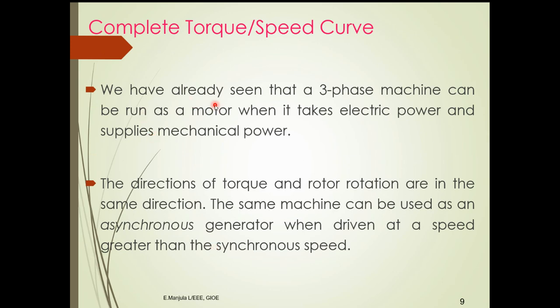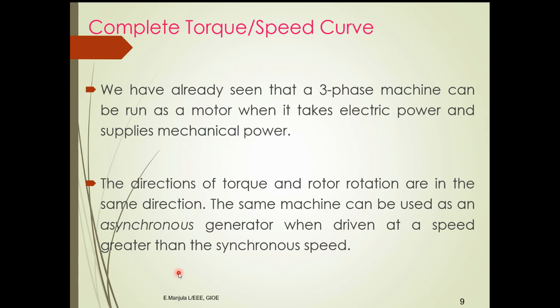We have already seen that a three-phase induction motor can be run as a motor when it takes electrical power and supplies mechanical power, and the direction of the torque and the rotor rotation are in the same direction.